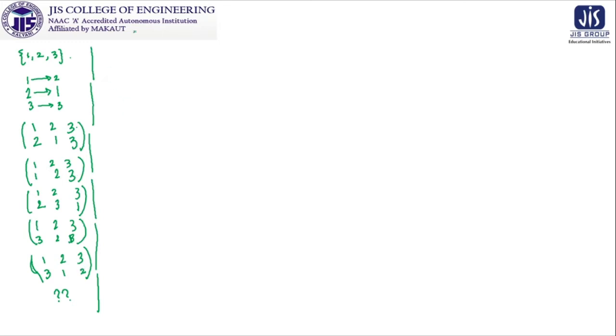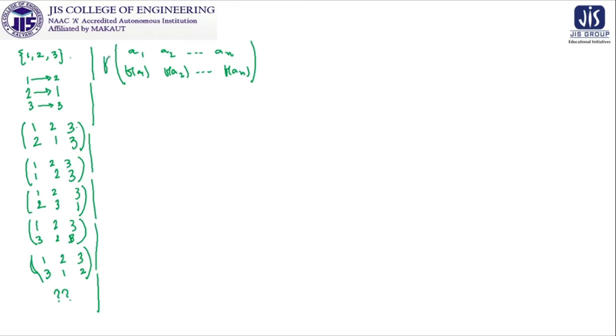In general, we can write it as A1, A2, up to AN, and F of A1, F of A2, up to F of AN. This is one permutation.